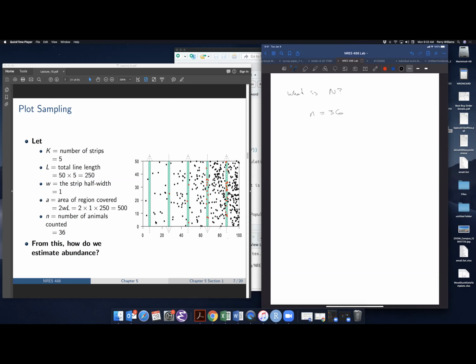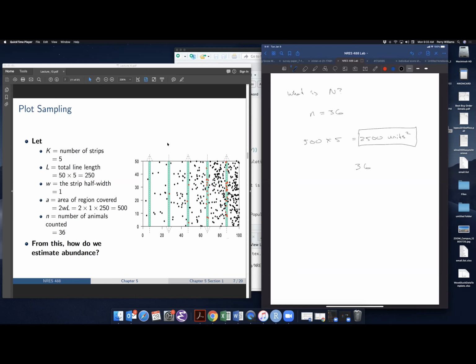And if we've done 5 of them, 1, 2, 3, 4, 5, so we have 2,500, is that right? 500 times 5 equals 2,500 units squared. So that's how much of the area we've actually covered. And in that area we found 36 animals.